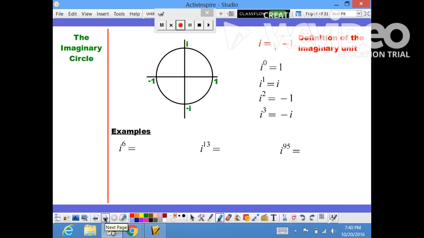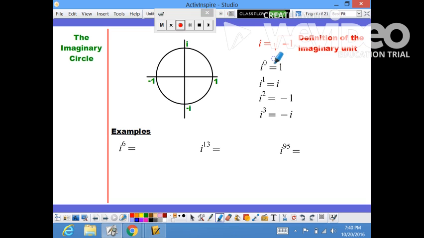Also, we have what is called the imaginary circle. And this can be written two ways, so I wrote it both ways for you. You have the imaginary circle right here on the left side, and we're going to transfer what we know in the imaginary circle on the left side over here to the right side of this diagram.